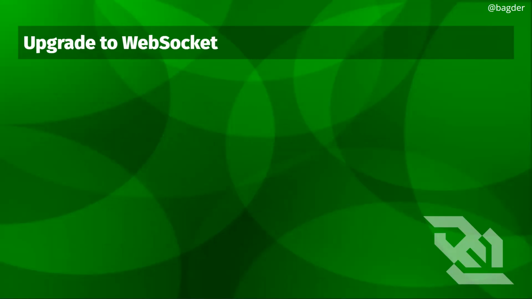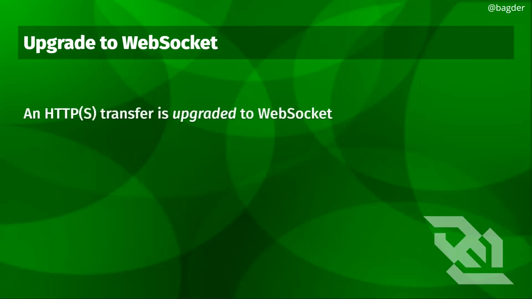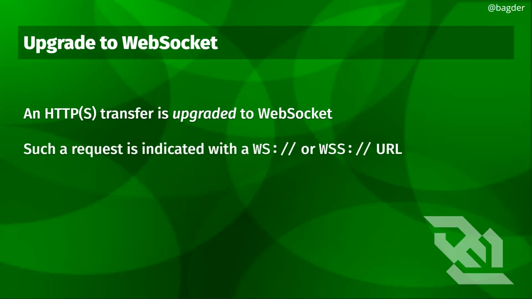So when anyone uses WebSocket, it's actually a regular HTTPS transfer that is, quote unquote, upgraded to WebSockets. It is a regular HTTP or HTTPS request that has a header that asks it to get upgraded to a WebSocket.